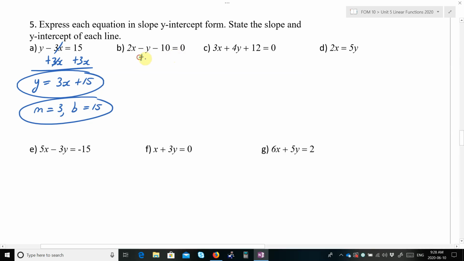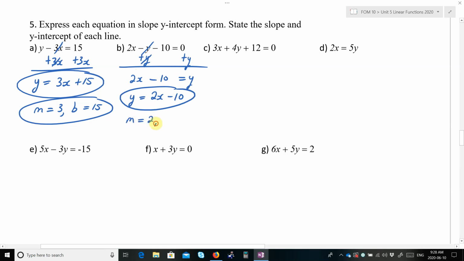This one here, I'm going to be tricky and I'm just going to add y to both sides. And then we get 2x minus 10 equals y, or we can write it as y equals 2x minus 10. And so the slope is 2, and b, the y-intercept, is negative 10. Okay, this one, let's subtract 4y from both sides.